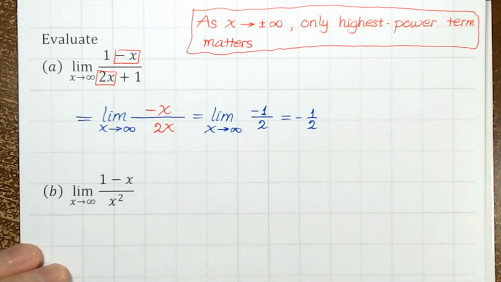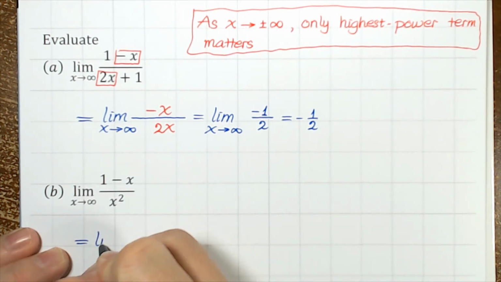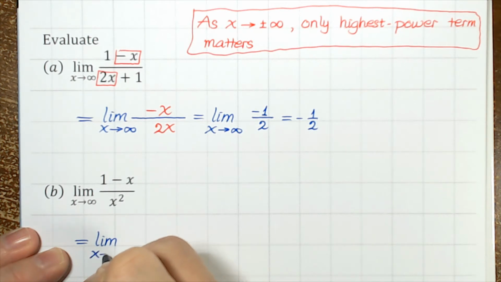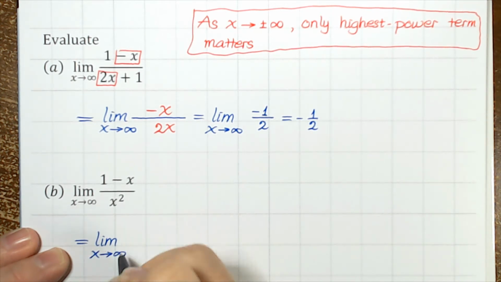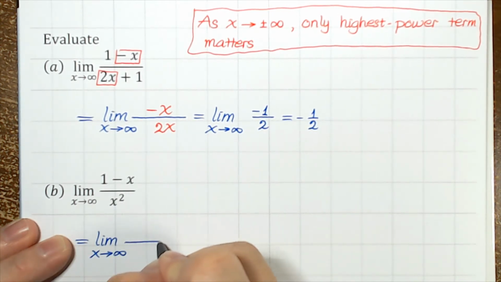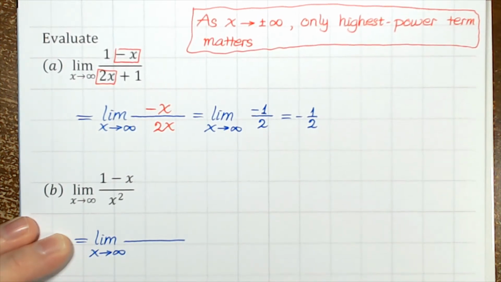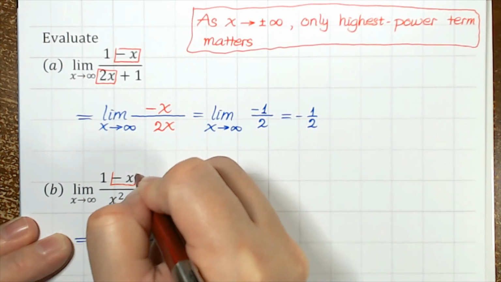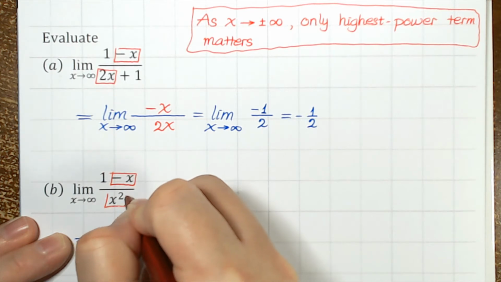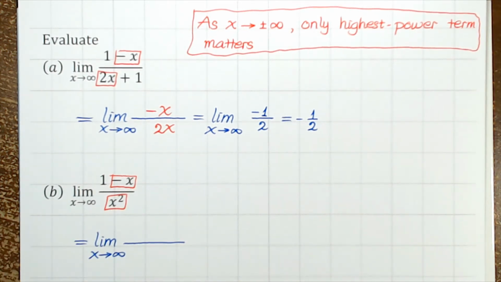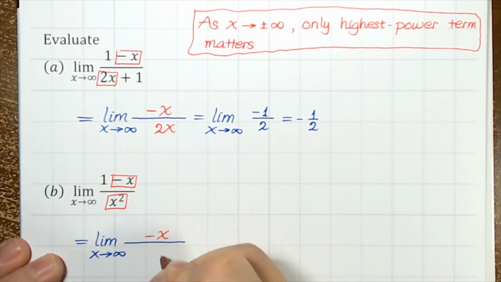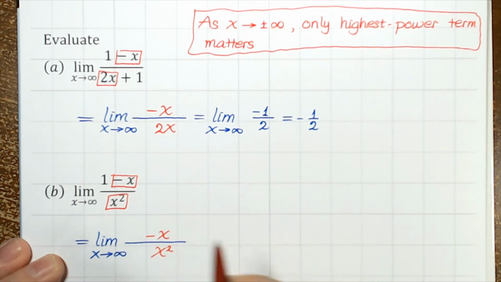Next, still the same thing. We have the limit when x goes to infinity. Once again, we take the highest power on the top and then the highest power at the bottom: negative x and then x squared.